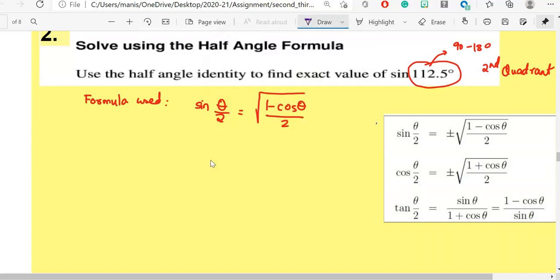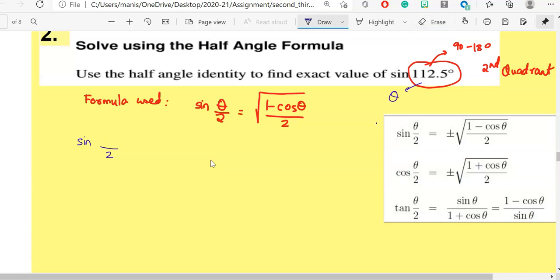Now, as I mentioned earlier, I'll write over here sine. Now the question comes, what should I write in front of theta? Because this is theta, but I cannot write this theta over here, because if I write sine theta over 2 as 112.5 over 2, when I divide this, it will not give me the same answer. So I need to write it in the form where, when I divide by 2, I end up with this number.